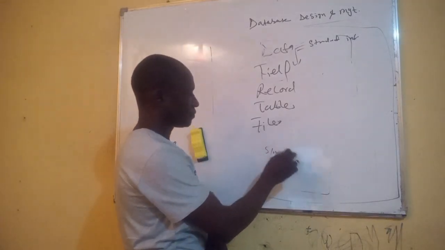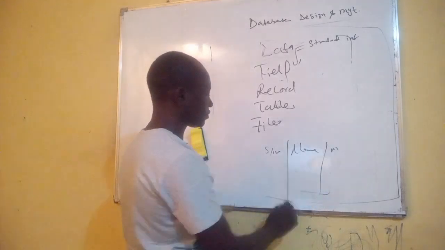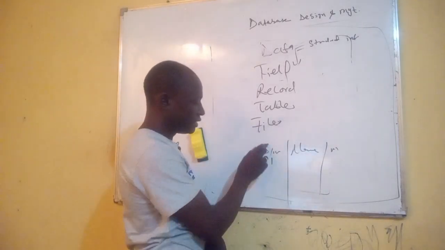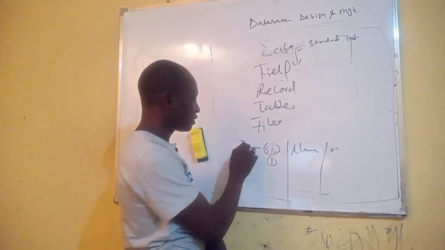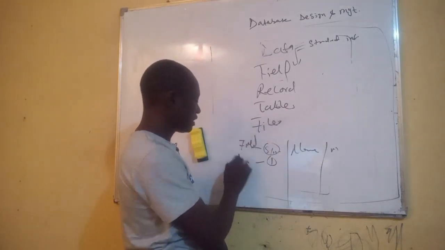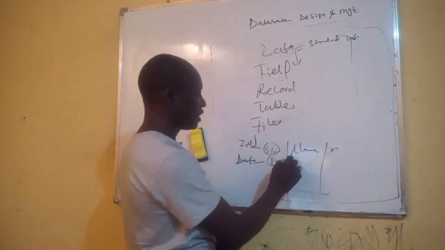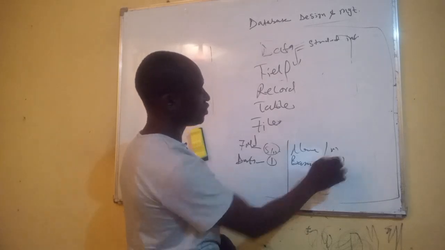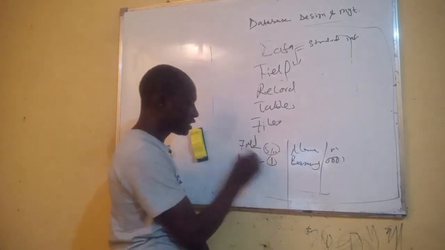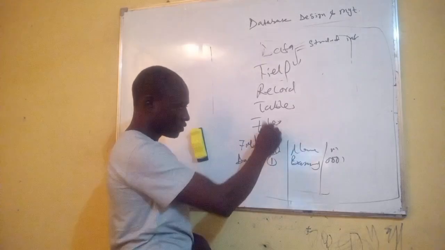Just look at it here. We have serial number, names, matric number and the rest. This is a field. This is data. Let's assume this is Bamanga, matric number, let's assume 001. So remember I said this is data.